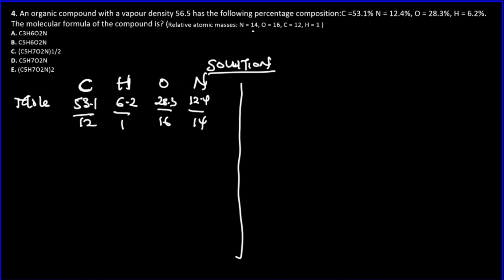So 53.1 divided by 12 gives us 4.425. Hydrogen gives us 6.2. 28.3 divided by 16 gives us 1.77. I rounded it to two decimal places. 12.4 divided by 14 gives us 0.886.